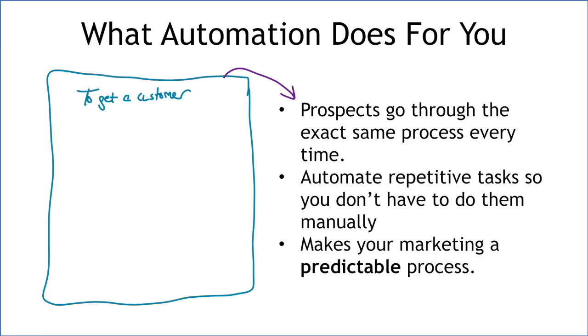Oftentimes, when we're working with clients, they're like, okay, we're launching. When is our first customer going to come? And I'm like, well, it's a great question. It's kind of a trick question, but it's a great question. And the reason is because in order to get a customer, first, somebody needs to opt into your website, and then they need to get some emails about the thing they just opted in for, because nobody ever opts into a form that just isn't going to give them something.